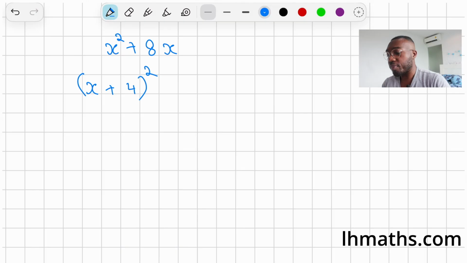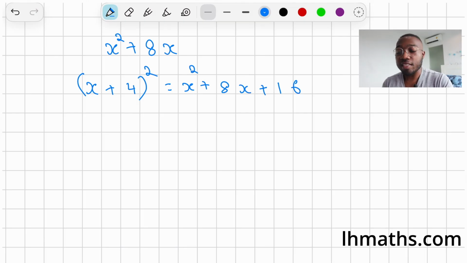Now, why do we do that? Because if we were to expand the brackets for this, we would get x squared plus 8x plus 16. So by doing that, we get the x squared plus the 8x, which is what we want. However, by doing this, we also get a 16. We don't want the 16. We just want x squared plus 8x.